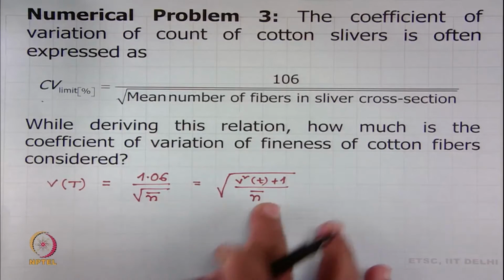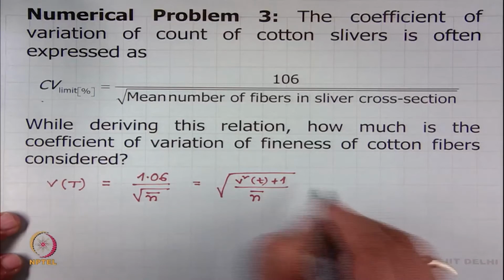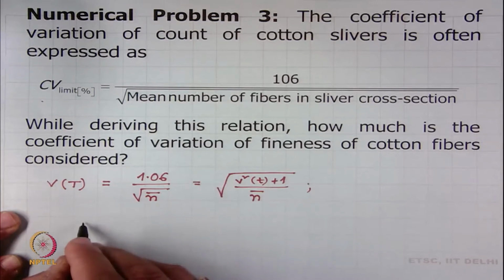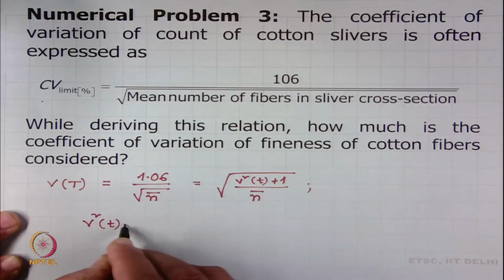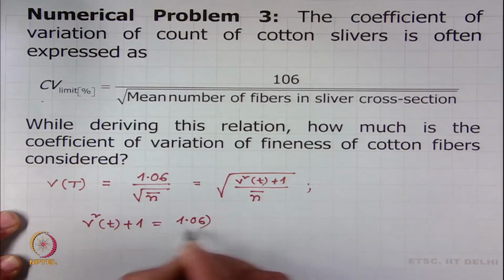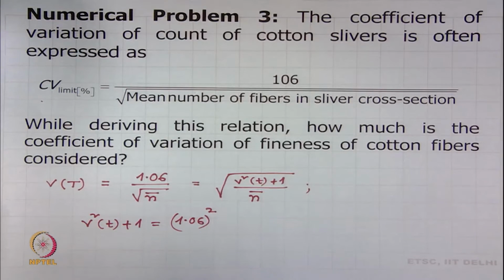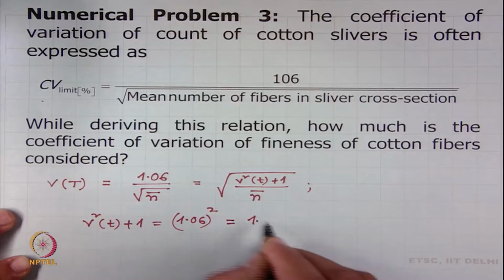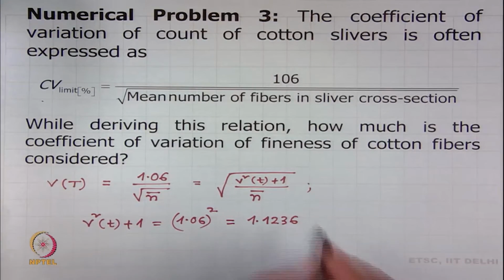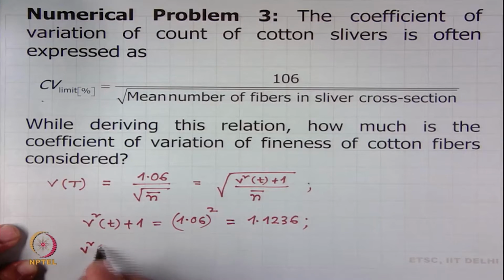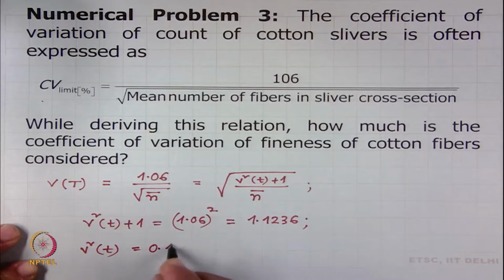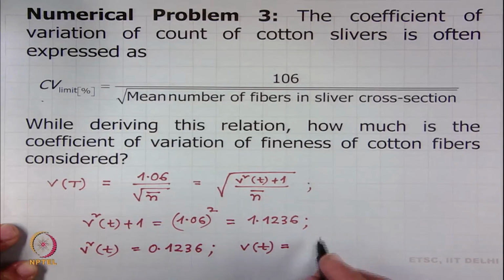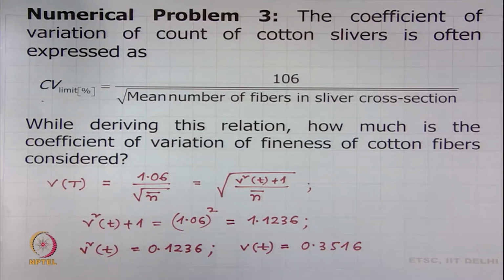So, if we equate, we have to find out V small t. So, square, so V small t is 0.3516.